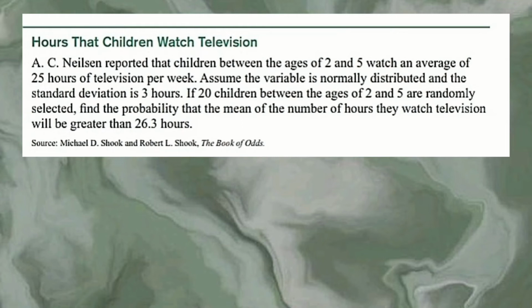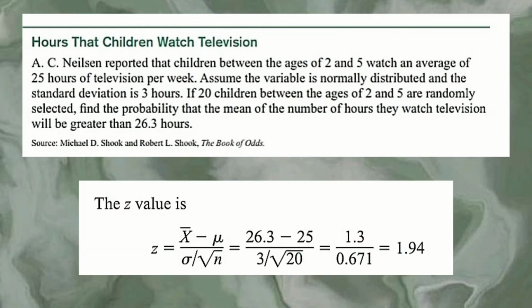Now, let us find its z value using the formula z equals x bar minus mu over sigma divided by square root of n. By substituting the given in the problem, it will be 26.3 minus 25 over 3 divided by square root of 20, which is equal to 1.94.